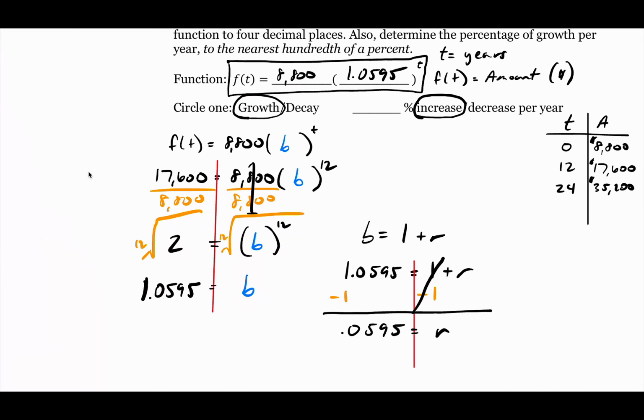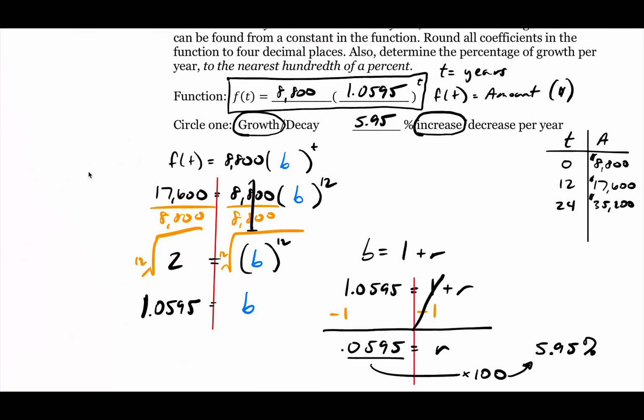So now what you're going to do is you're going to multiply that times 100. Multiply this guy times 100, and you'll get 5.95%. So it was a growth, and the growth was 5.95% every year. Okay?